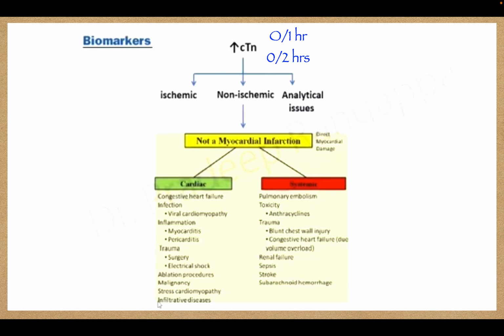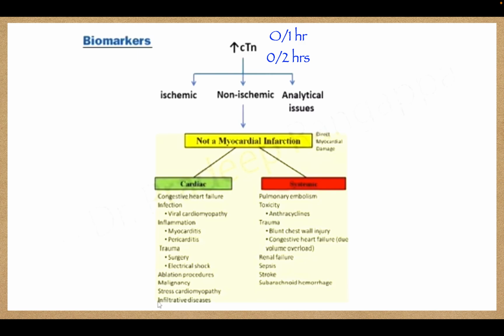It can never be in isolation that you see a raised troponin without a classical chest pain, without a classical ECG. Please don't make the mistake of diagnosing myocardial infarction just on the basis of raised troponins.